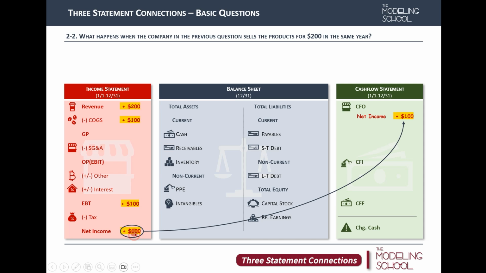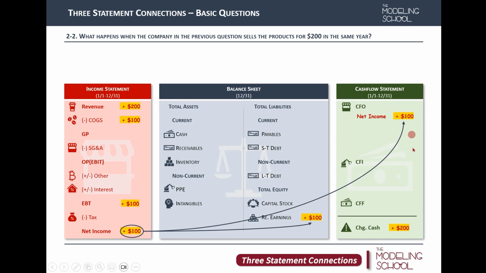So we use our formula again, and the cash flow statement will start from positive $100, and the retained earnings account will be increased by 100. And assuming the company has actually collected the $200 worth of cash from the revenue, there's going to be a $200 cash inflow. And again, it does not match.